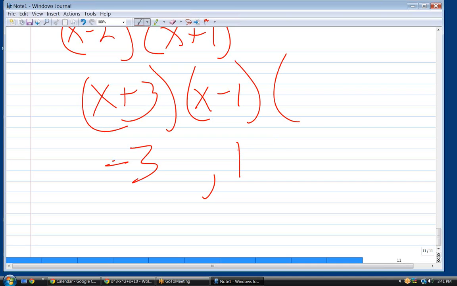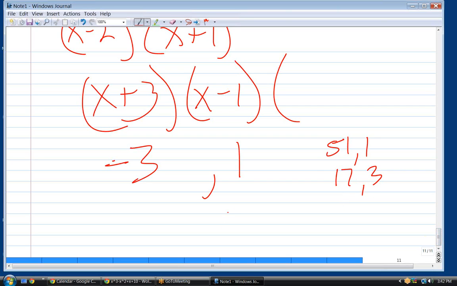And of course 1 is always a factor. If we had to use the rational factor theorem on this, we'd have 51 times 1, we'd have 17 times 3, both of those in the numerator, and 5 in the denominator.